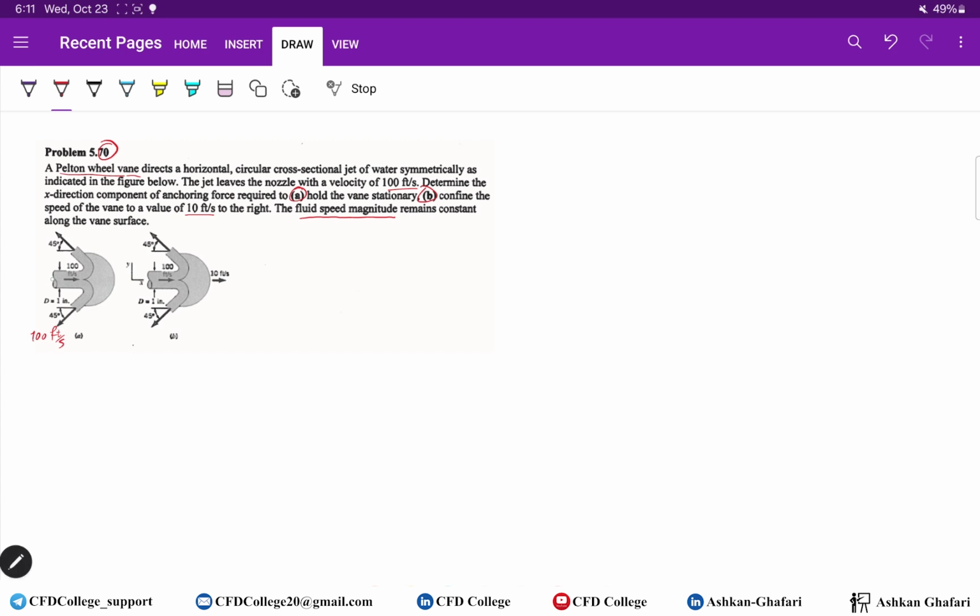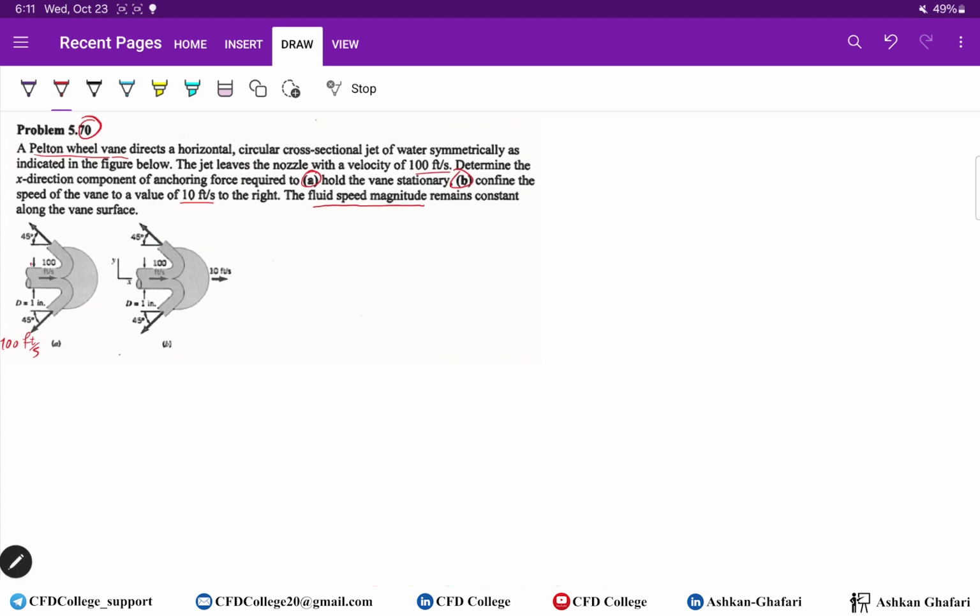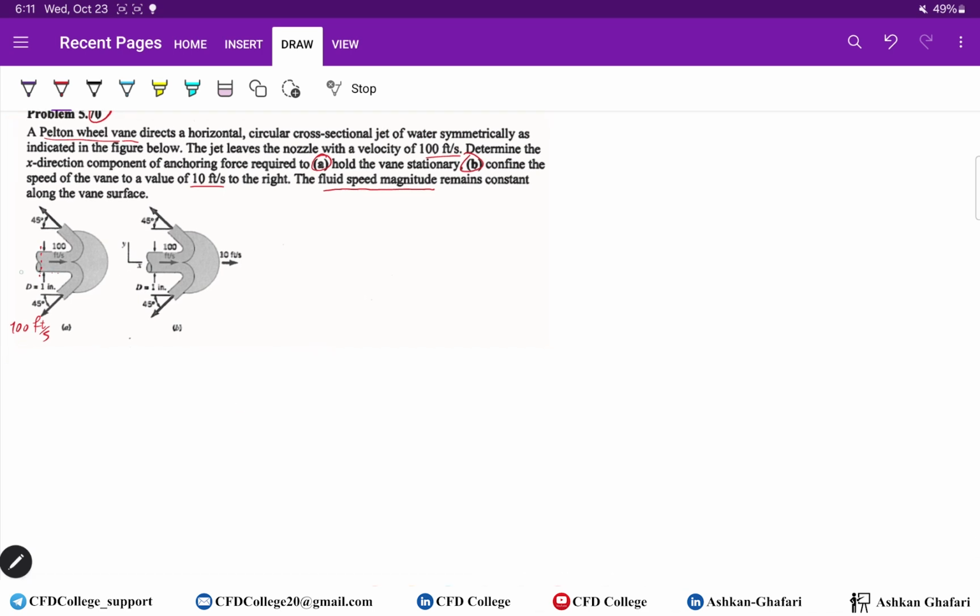So the first step is to draw the control volume. So this is the control volume we have from here, or you can move it, for example, here, closer to the vane. Follow the flow.